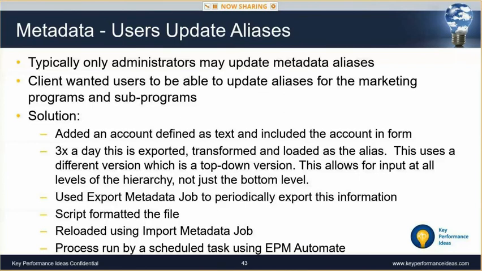So in order to do that, we created a top-down version, which is a version where you define it as top-down, which allows input at parent levels, instead of a bottoms-up version, which only allows input at the bottom level, which is more typical.